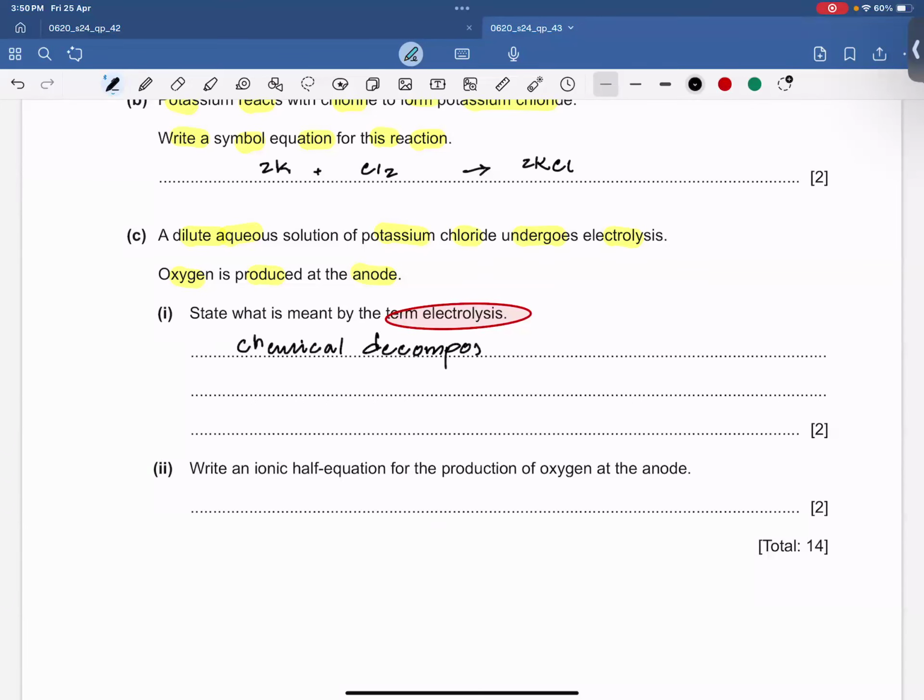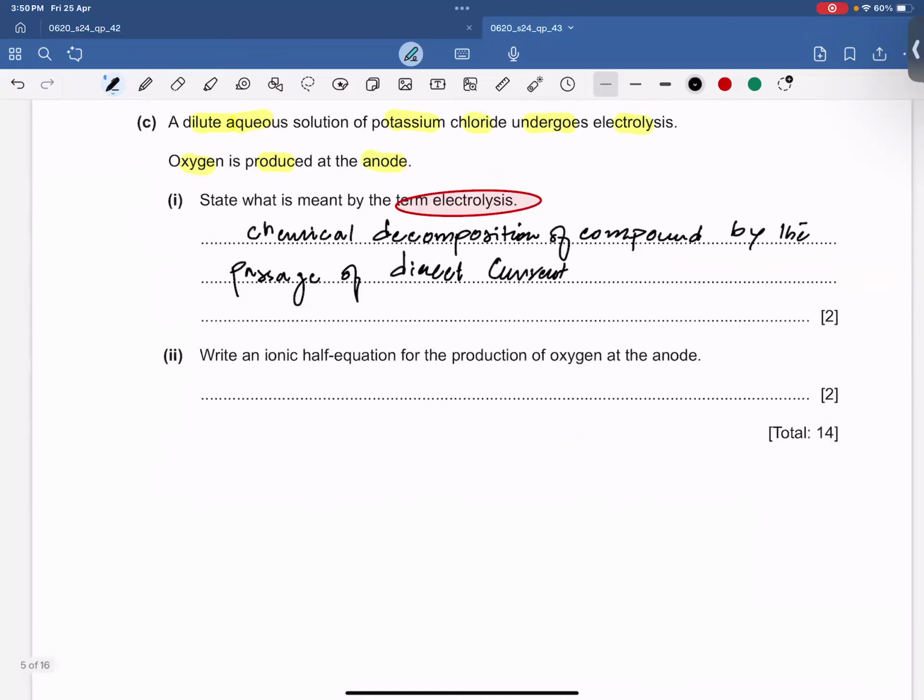Chemical decomposition of compound by the passage of direct current is called electrolysis.